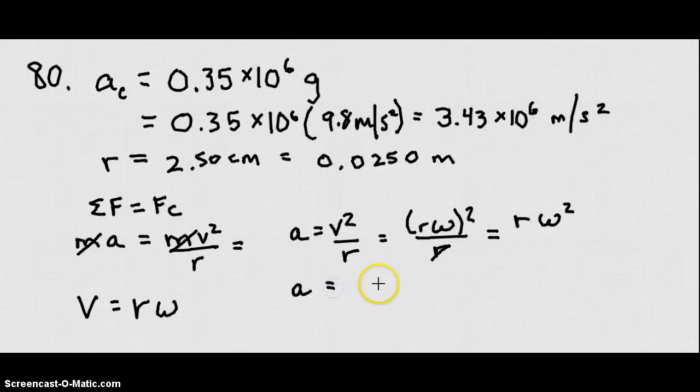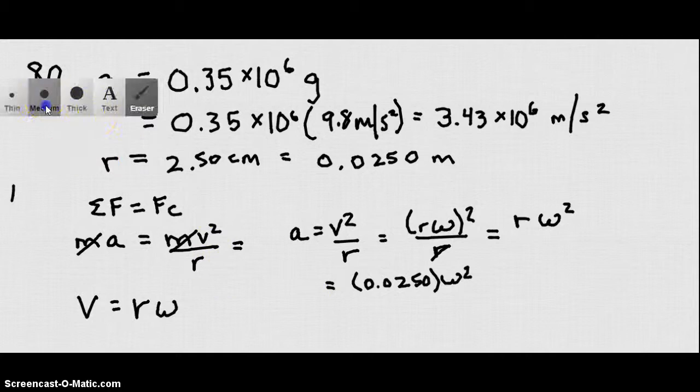So our acceleration is 0.0250 times omega squared, and we actually know the acceleration, so let's put in our 3.43 times 10 to the 6th in here.